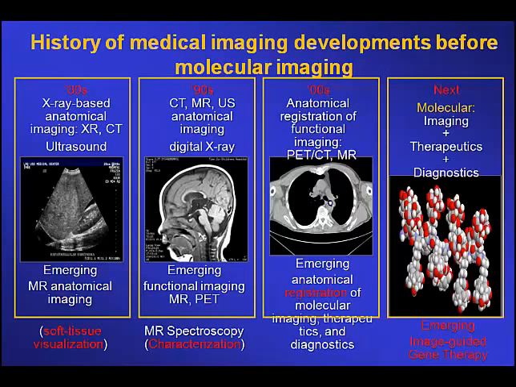Plus the presence of X-ray and CT, MRI, ultrasound, or PET CT, fused PET MRI, all of these systems were present, but with the new developments in signal amplification and so on, we will get the next generation of systems. It will deal with molecular imaging, therapeutics, and diagnostics.